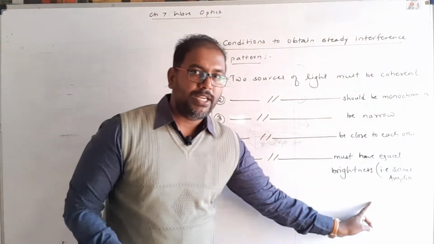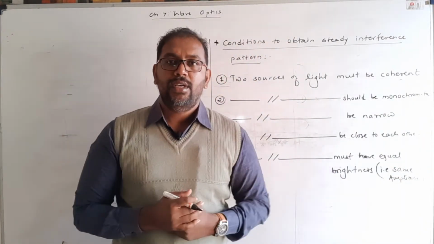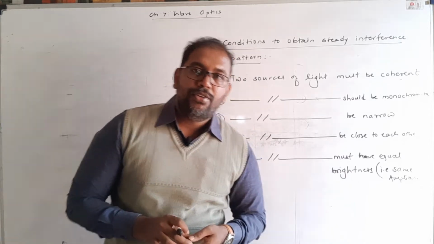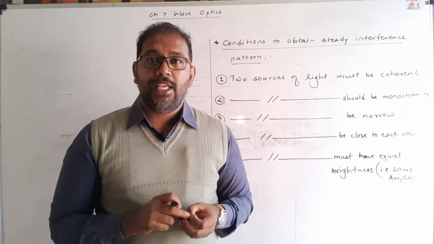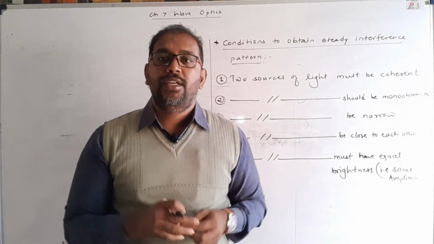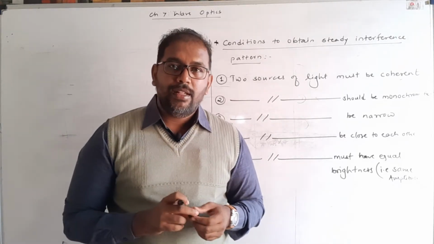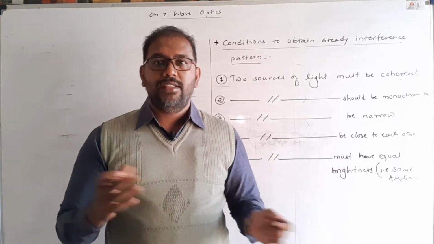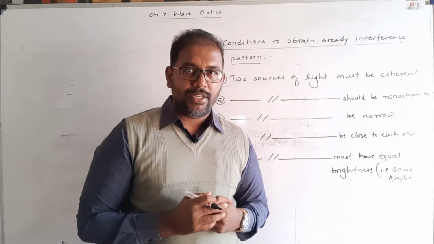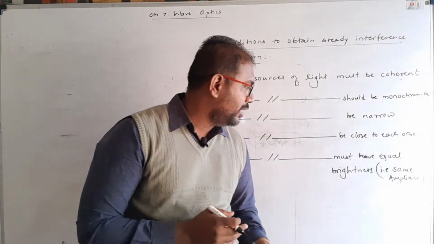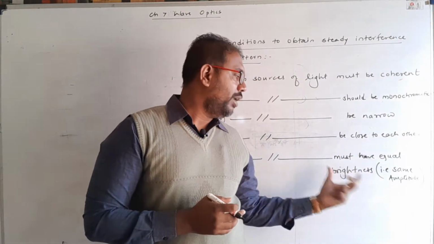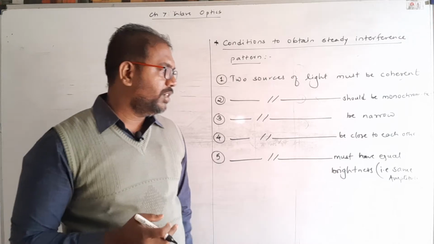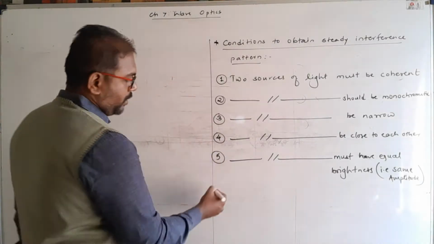The two sources of light must have the same amplitude. When they have the same amplitude, at one point when they come in the same phase, we get a bright point. At another point when they come in opposite phase, one wave cancels another wave and we get a dark point. To get a perfectly dark point, the two sources of light must have the same amplitude or equal brightness.